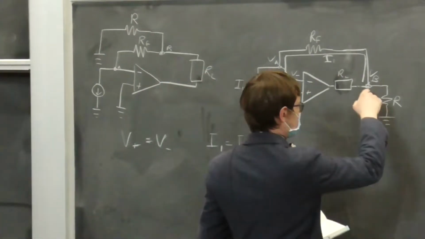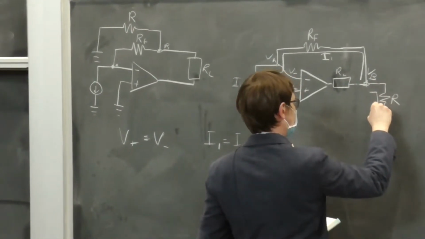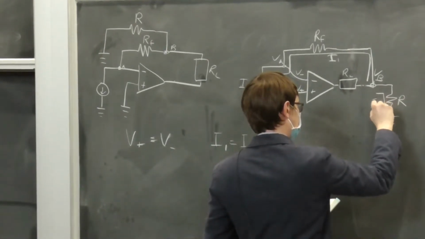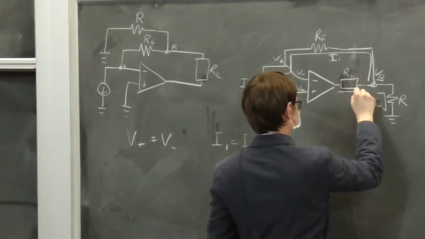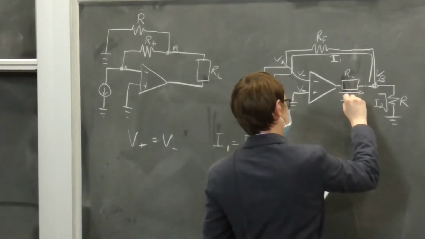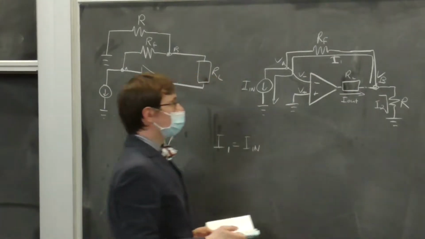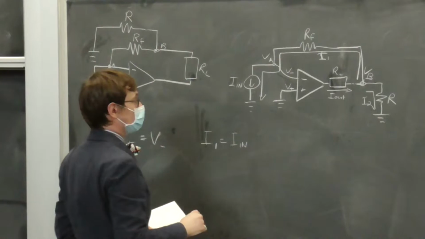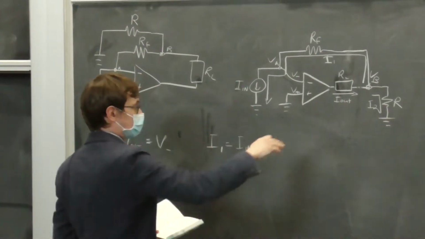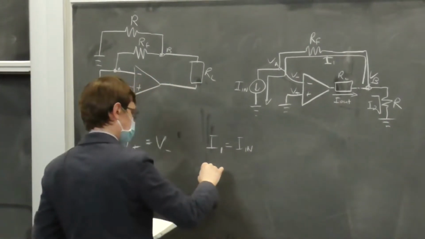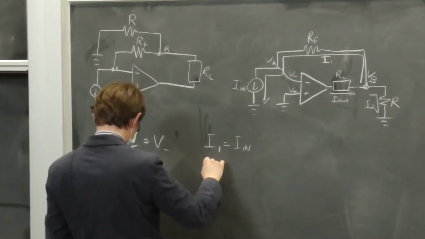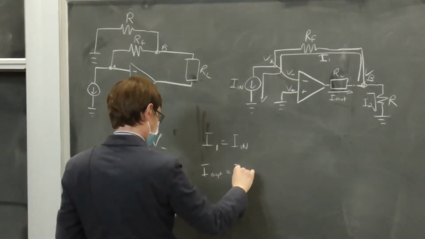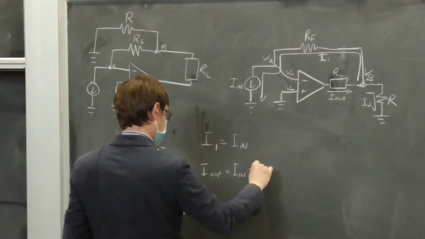So, let's focus on this point now. We also have, let's say, I2 and I out. So, we can very quickly and easily determine that I out is equal to I in plus I2.